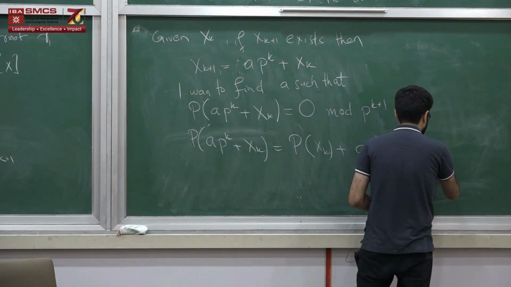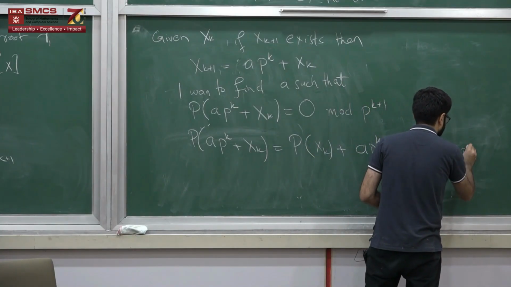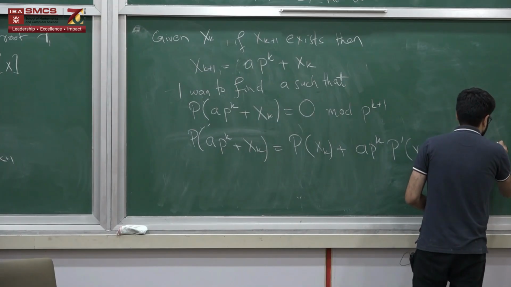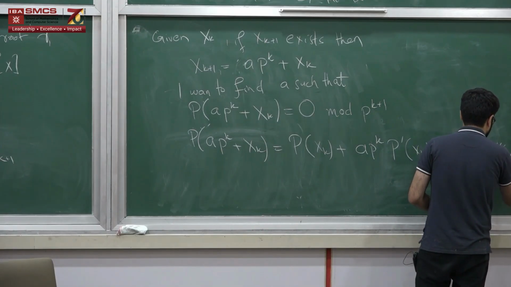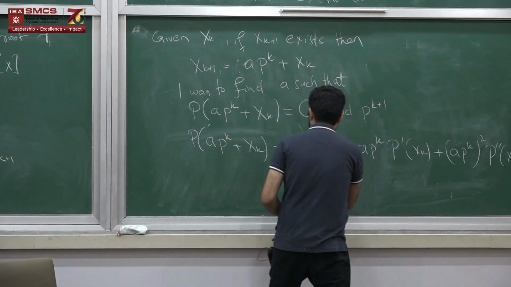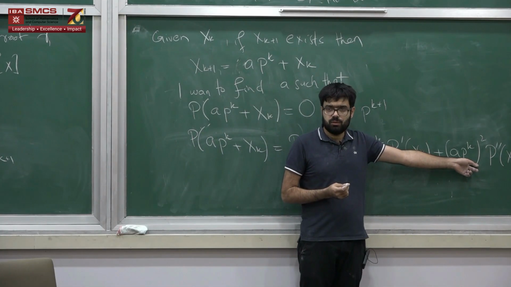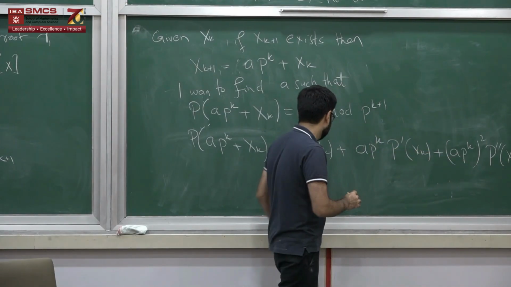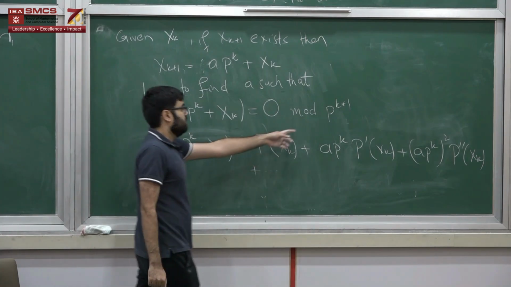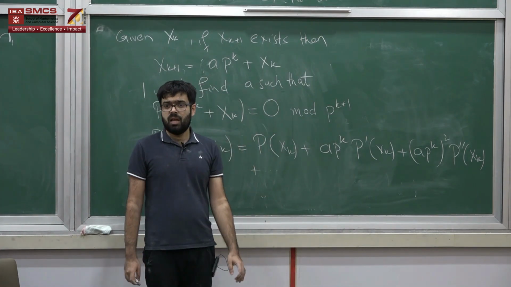The next term is a p to the k squared, and the second derivative at xk. And now there are more terms, but I do not care. I can see that this one is 0 mod p to the k plus 1, and all the other terms are also 0.